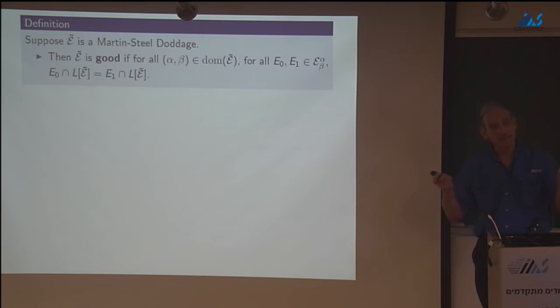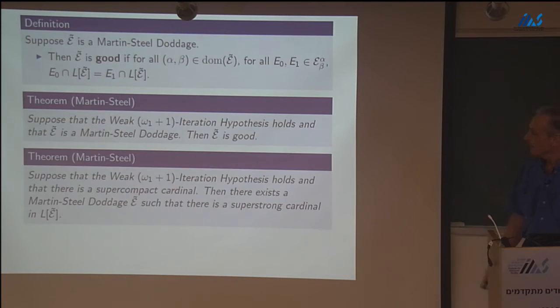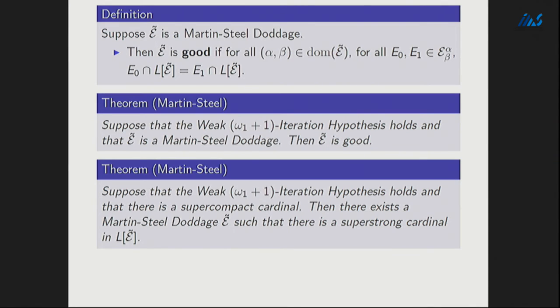And so we're getting an extender model. And then Martin-Steel showed that if you assume the weak omega 1 plus 1 iteration hypothesis and that E is a Martin-Steel dottage, of course they didn't call it a Martin-Steel dottage, then E is good. And they also showed that if you have the same iteration hypothesis, a supercompact cardinal, much less is needed, then there actually is a dottage such that there's a super strong cardinal in L of E. So you reach super strong.